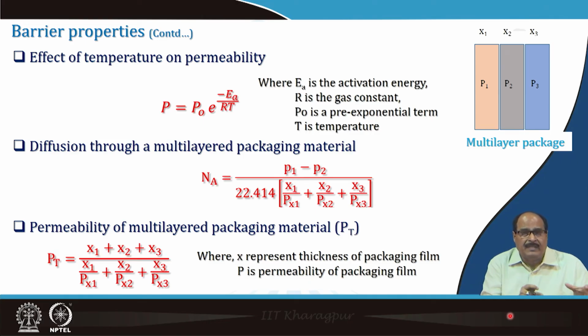And permeability of a multi-layered packaging material, that is Pt, is expressed by Pt is equal to (x1 plus x2 plus x3) divided by (x1 by Px1 plus x2 by Px2 plus x3 by Px3), where x represents the thickness and P is the permeability of the packaging material.